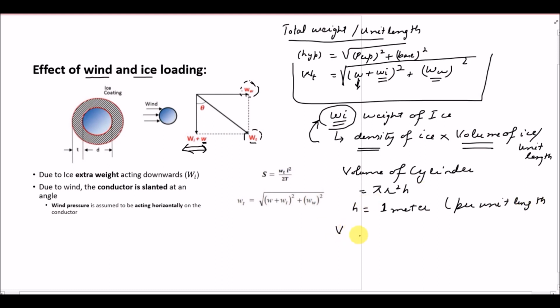So the volume of cylinder is equal to pi r square. So this is the volume of conductor in this case, and replacing radius with the diameter, it becomes pi d square over 4. So this is the volume of conductor.